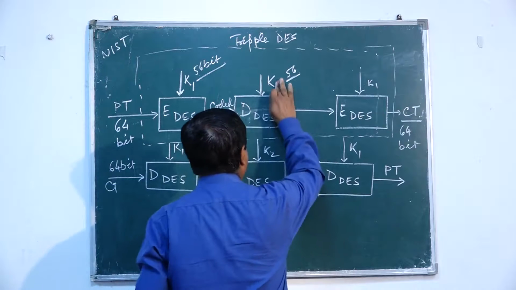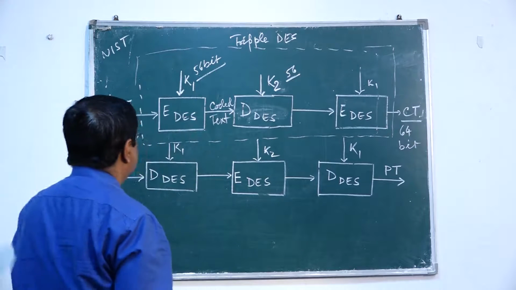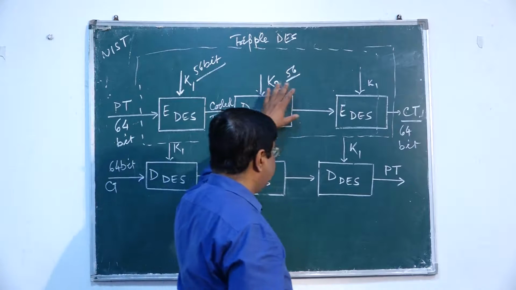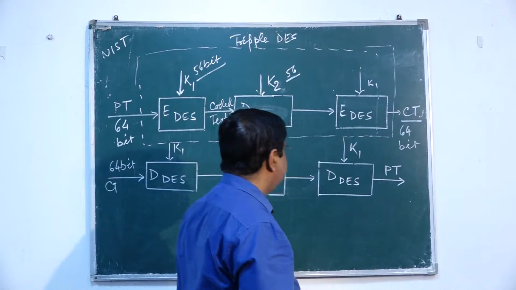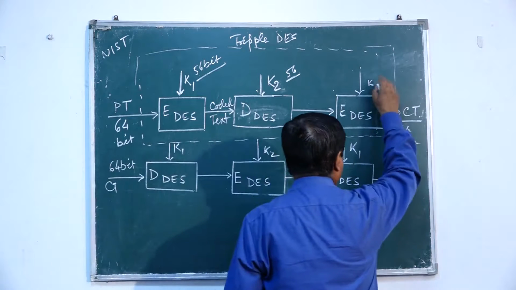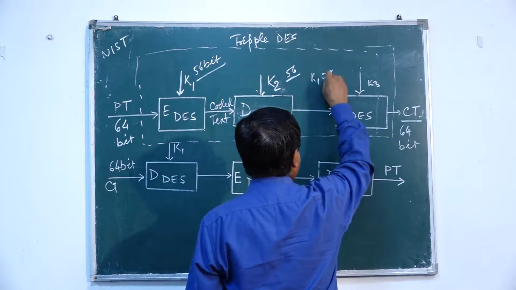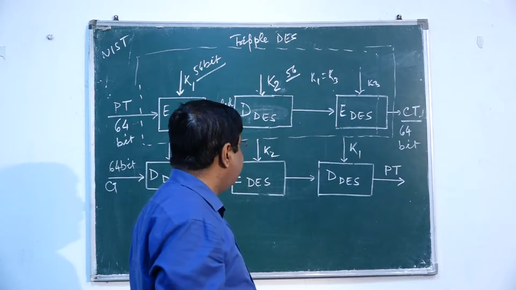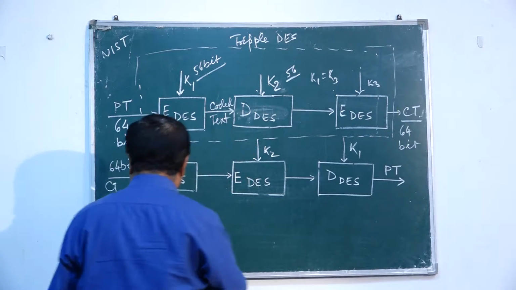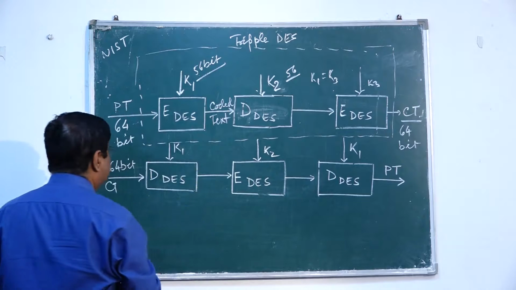Now if we do this, then what would happen? This is K1, this is K2 and this is K1. We can also understand it if it is K3 and K1 is equal to K3. In that case, what would be the total bit length of the key?